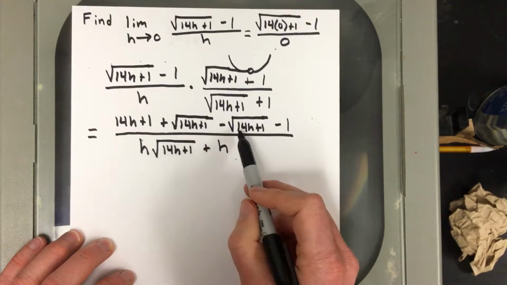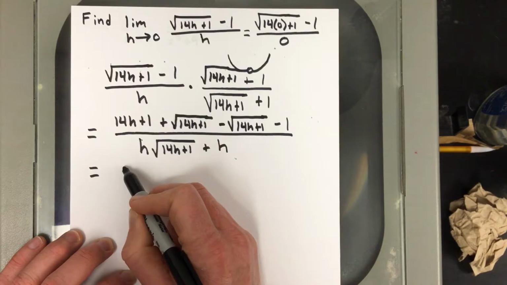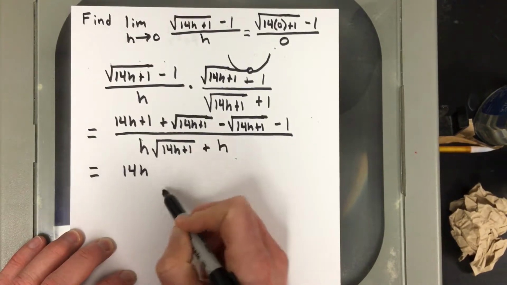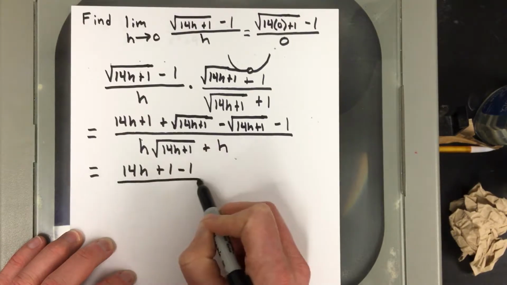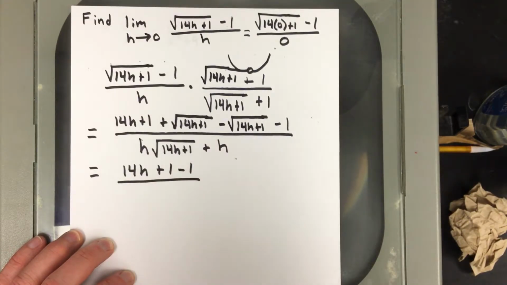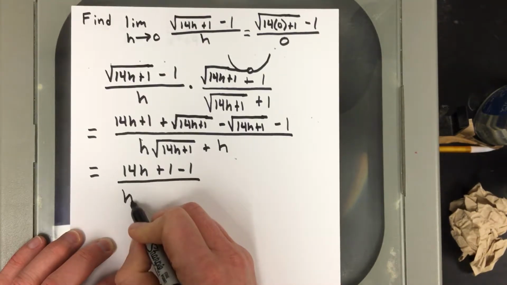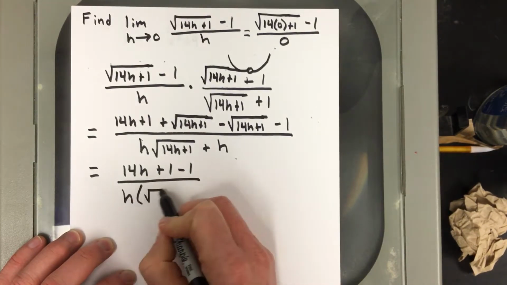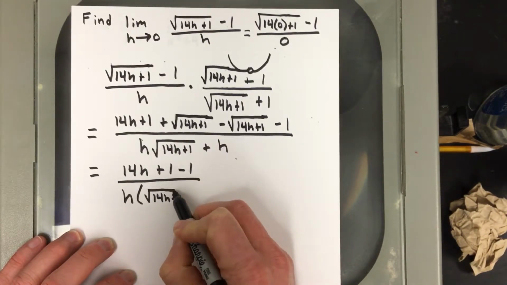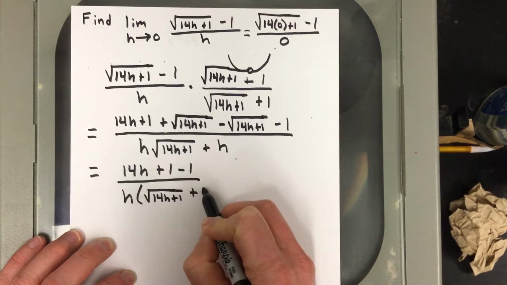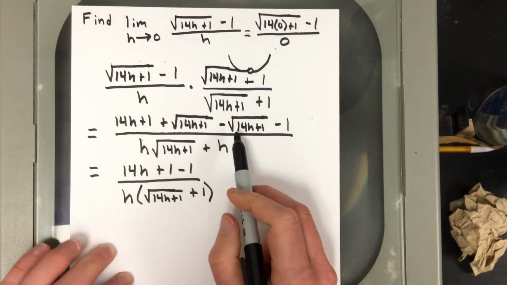This cancels with this, which leaves 14h plus 1 minus 1 on top. On the bottom, I want to factor out an h, leaving h times the square root of 14h plus 1 plus 1. So I factored an h here and canceled these terms.